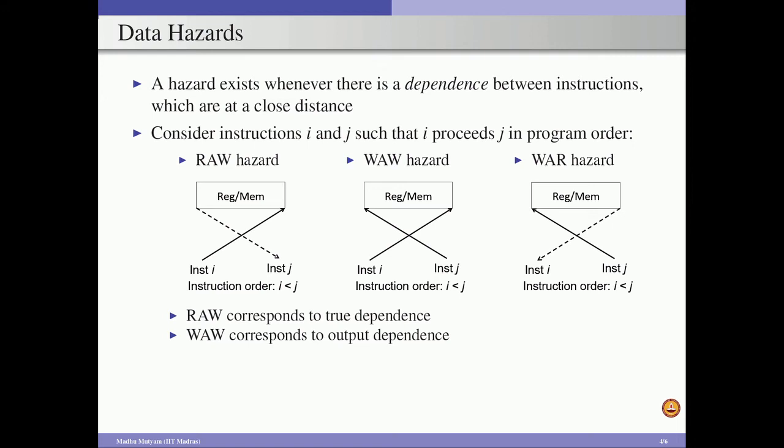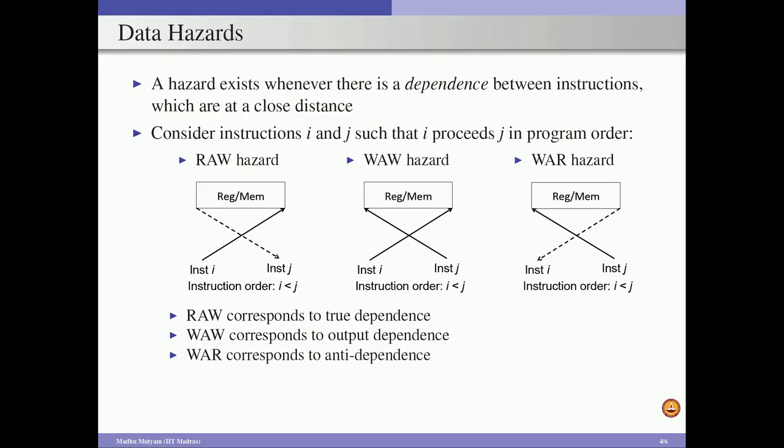In other words, there is an output dependence, and this is a part of name dependence.